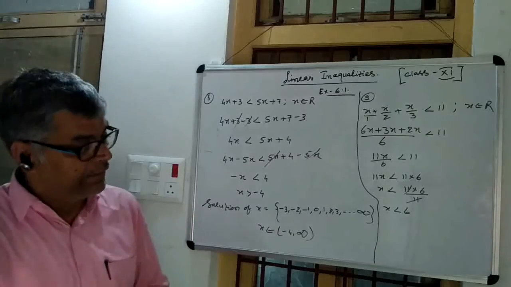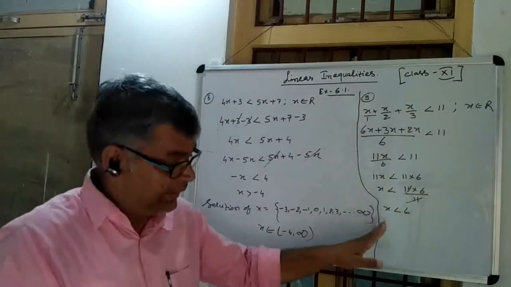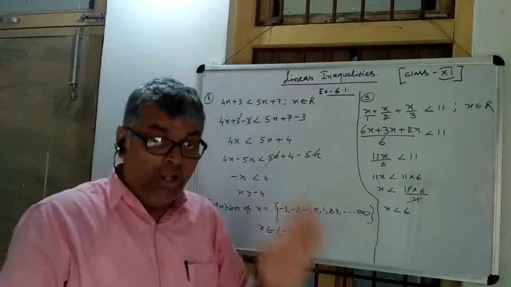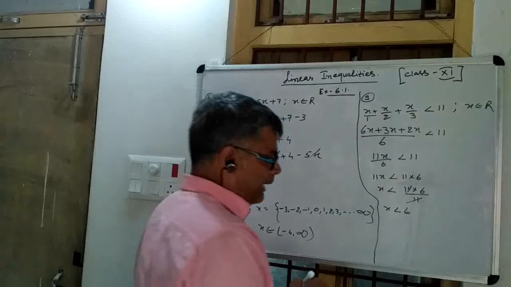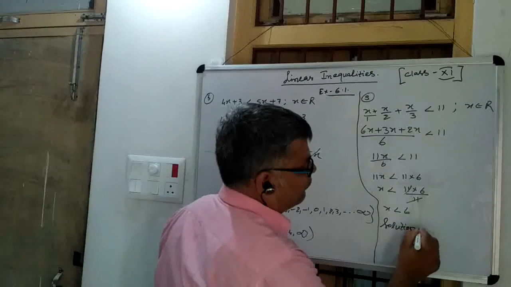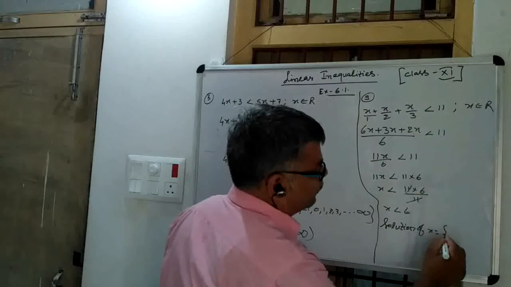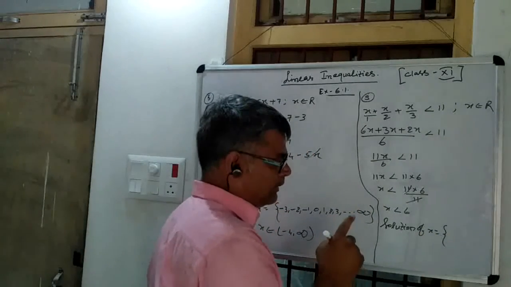It means that the value for this inequality, x, is all the real numbers less than 6. It means that the solution of x equals all the real numbers less than 6.